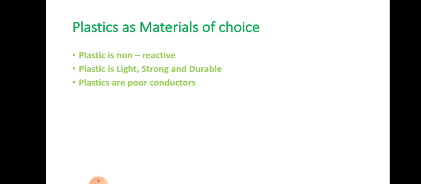The next one: plastic is light, strong and durable. You can ask your parents and grandparents what types of buckets they were using in their childhood. Mainly they were using buckets made up of metals, but nowadays they are using plastic buckets.